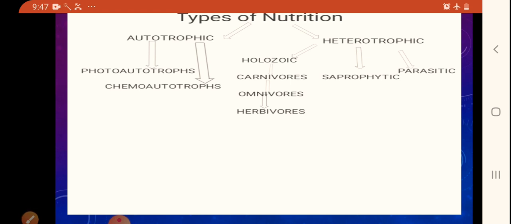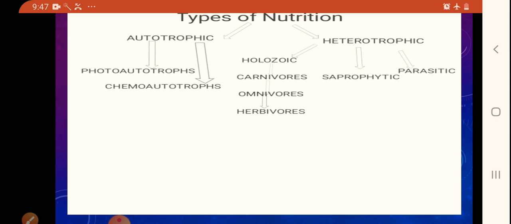So this is a broad classification of nutrition. You need to remember the two broad categories, that is, autotrophic nutrition and heterotrophic nutrition. Under autotrophic there are two further types: photoautotrophic, preparing their food with the help of sunlight, and chemoautotrophic, preparing their food with the help of chemicals already present in the environment.